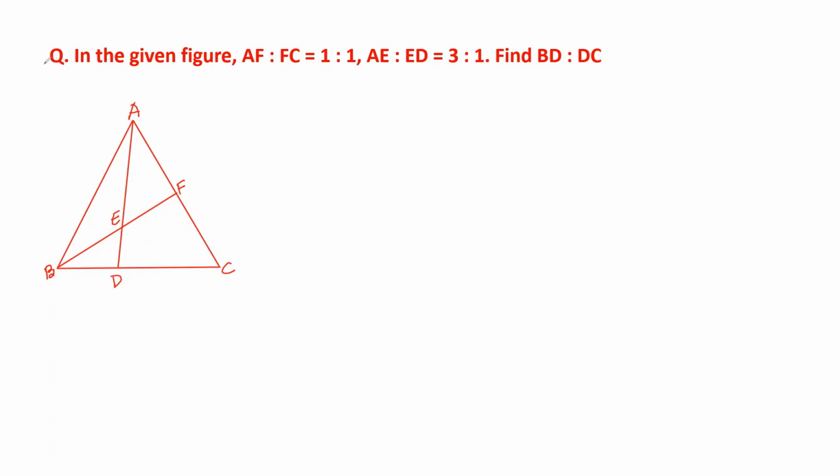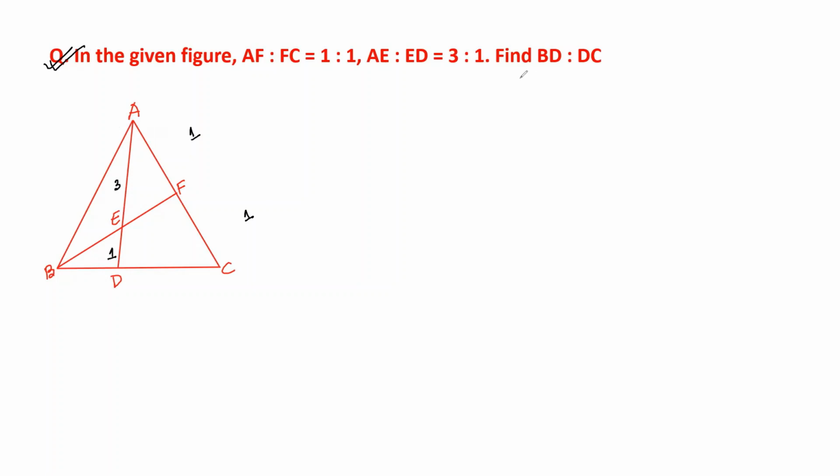Now let us see this question. We have been given a triangle ABC such that AF is to FC is in the ratio of 1:1. AE is to ED is in the ratio of 3:1.